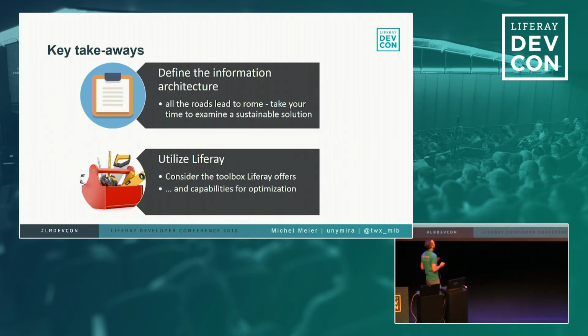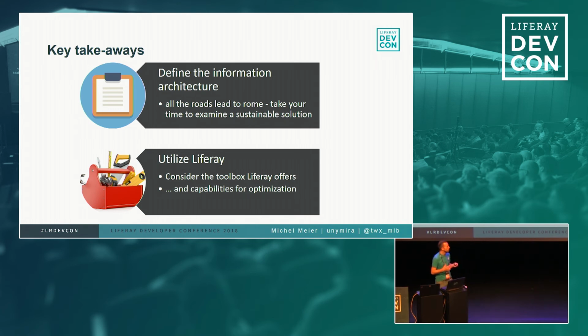So to come to an end, what do I want to give you as key takeaway? We really struggled with the information architecture because Liferay offers you a lot of ways to model your business objects and to model your relations.